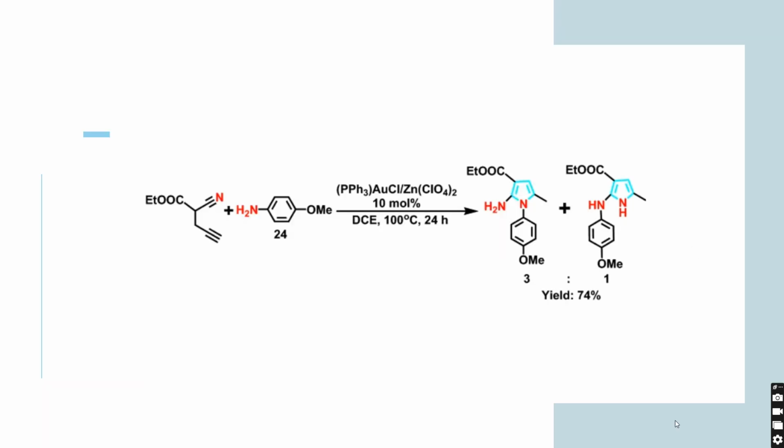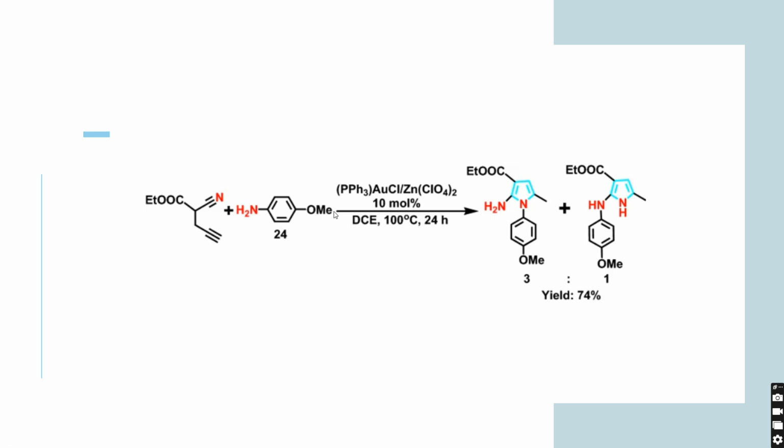Okay, so a very similar reaction this time. In this case, just if you look at the compound number 24, in the previous question we had the amine written as R2NH2, okay? And in this case, you just have a substituent which is this 4-methoxyphenyl, okay?